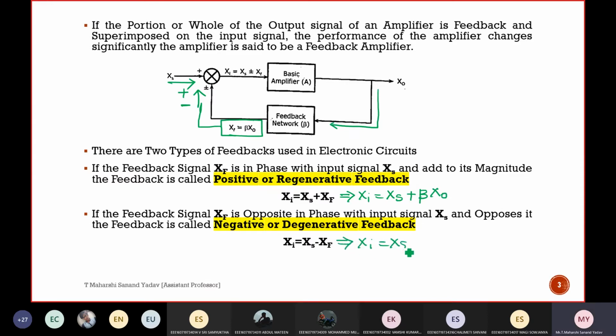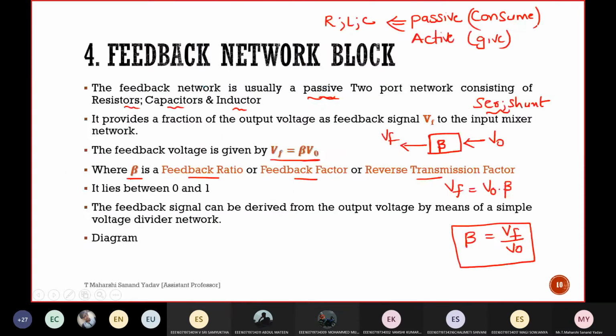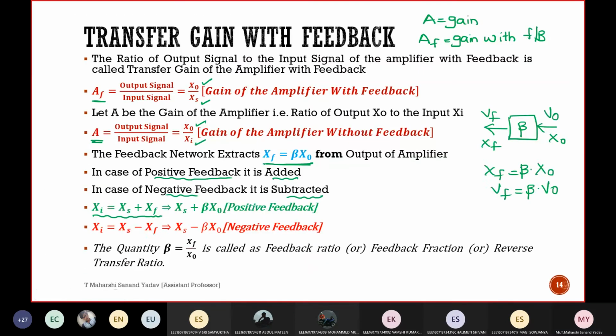Xi is equal to XS minus beta times X naught. Here beta is defined as the ratio of XF by X naught. From here you can write it directly. Beta is nothing but XF by X naught.